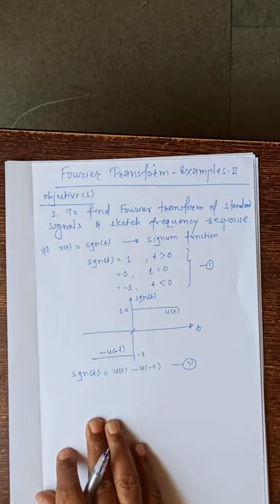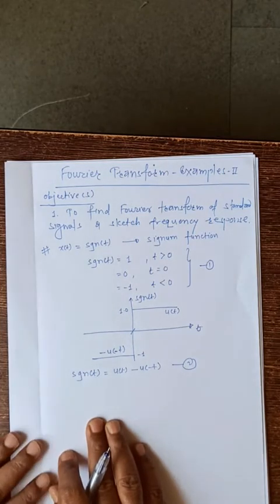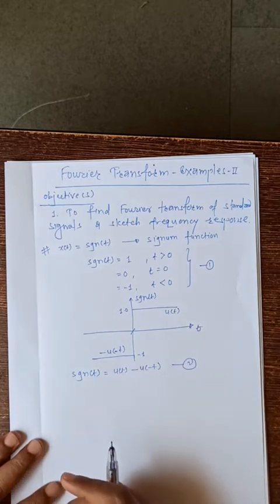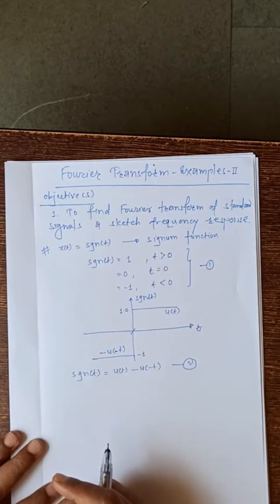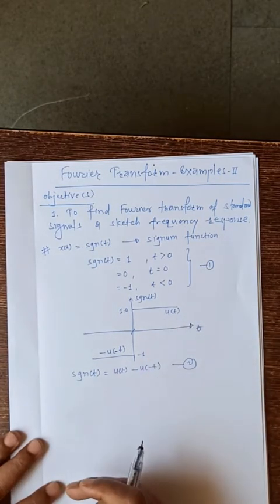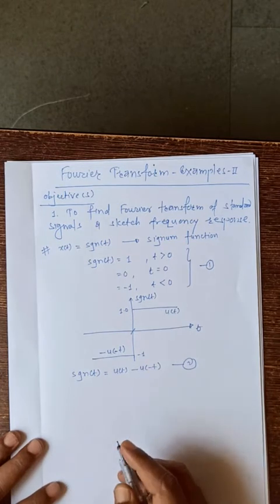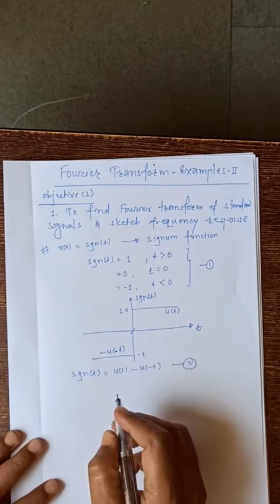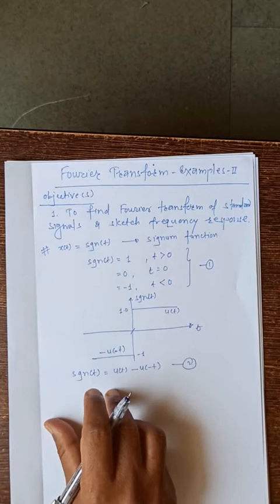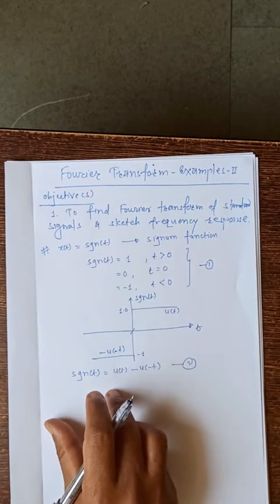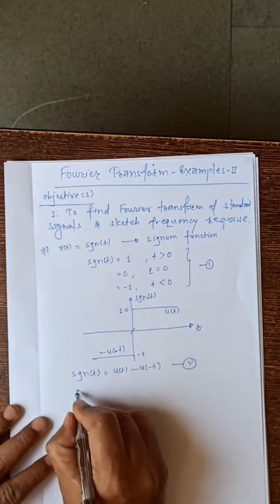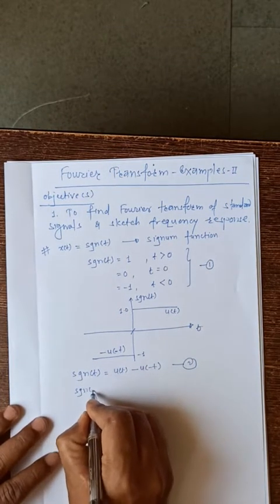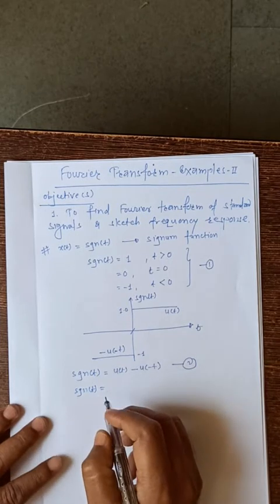Hence, to find the Fourier transform of this sgn(t), we have to multiply the u(t) given in the equation by a two-sided exponential signal like this, and put the limit a tends to 0. So the same signal I am modifying like this to make it integrable.